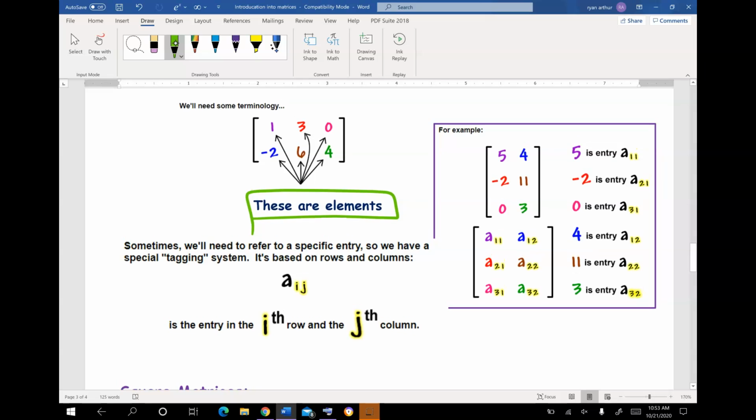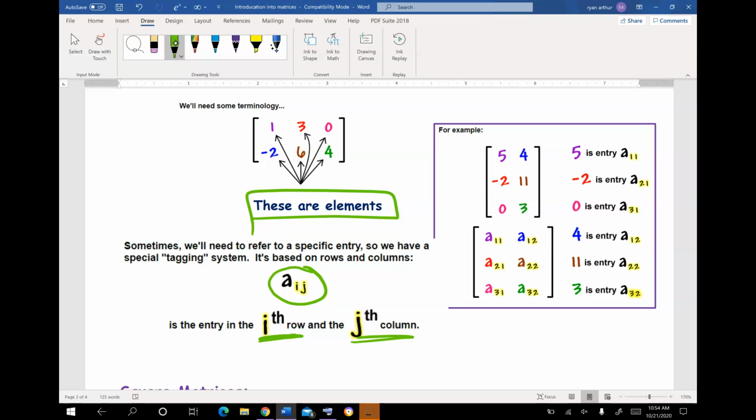Now, sometimes I want to know what is in a certain position, okay? So we will refer to that specific entry by special tagging system. It's based off the rows and the columns, okay? So if I want to know the entry of A sub ij, i is the ith row and j is the jth column, okay?